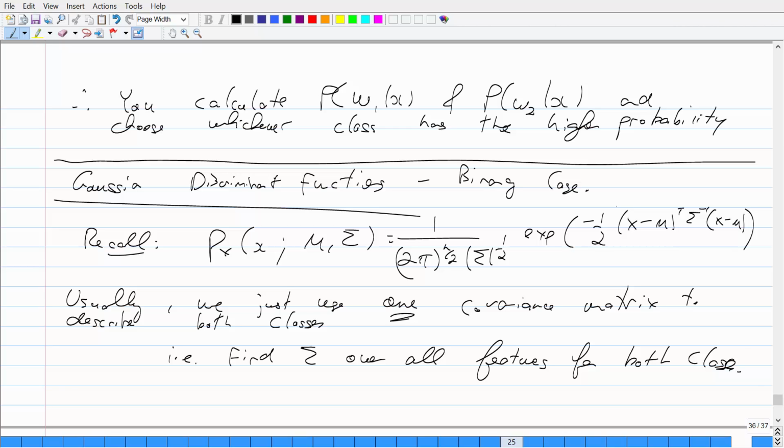However, each class has its own mean feature vector, so mu1 and mu2.